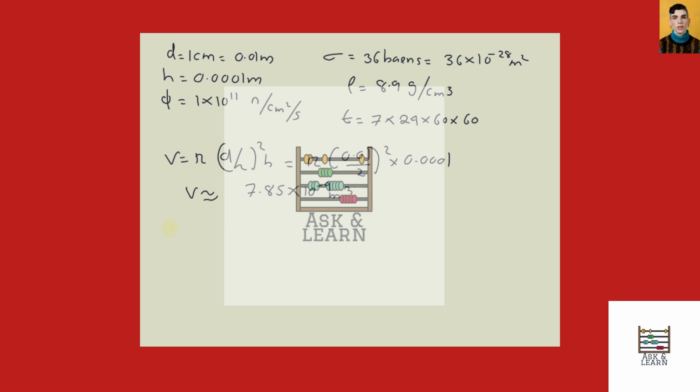Now let's calculate the number of cobalt nuclei in cobalt foil. So number of nuclei can be found out using this equation, rho v by molar mass. So that will give you density, which is given as 8.9 times 7.85 times 10 to the power minus 9. So this is gram per centimeter cube, right?